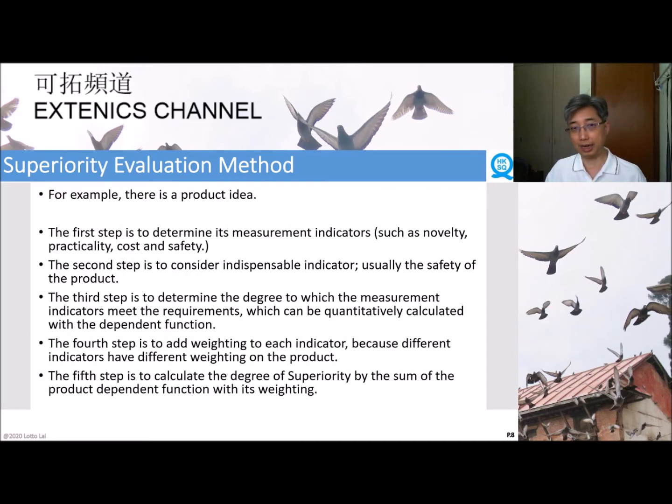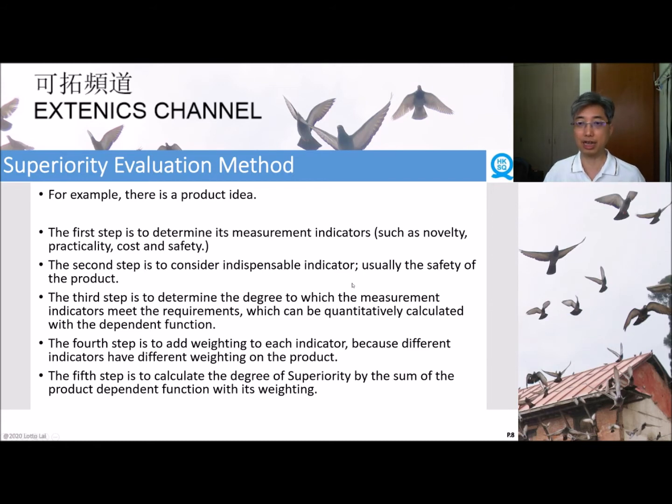Use a product idea as an example. The first step of the superiority evaluation method is to define the measure indicators: novelty, practicality, cost, and safety.